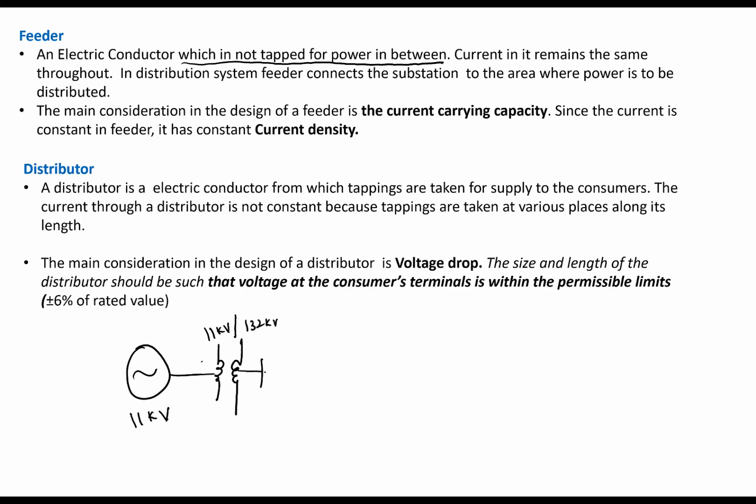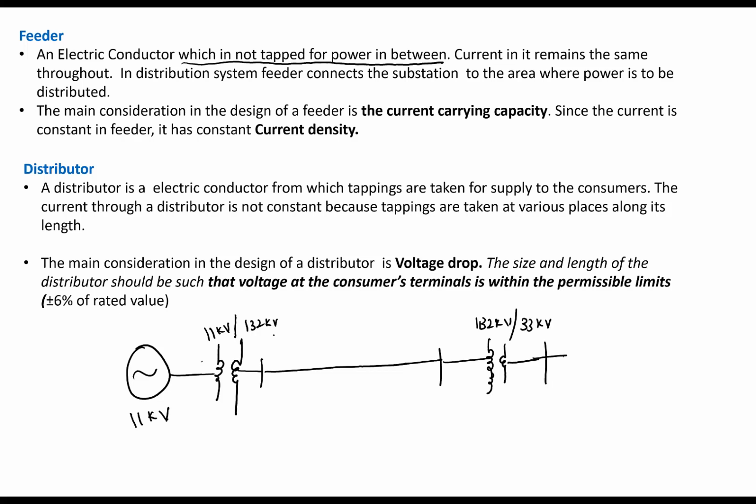This 132 kV line is transmitted, and at the outskirts of a city there is one substation which steps down the voltage from 132 kV to 33 kV for local distribution.